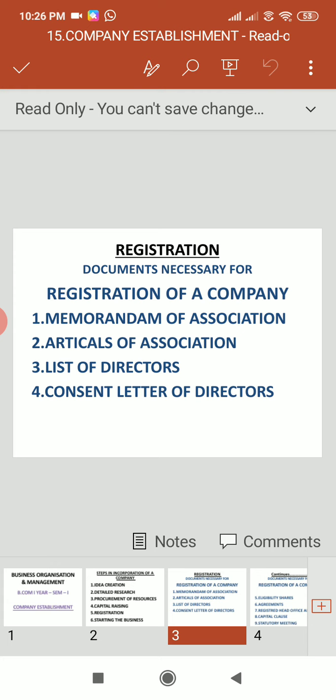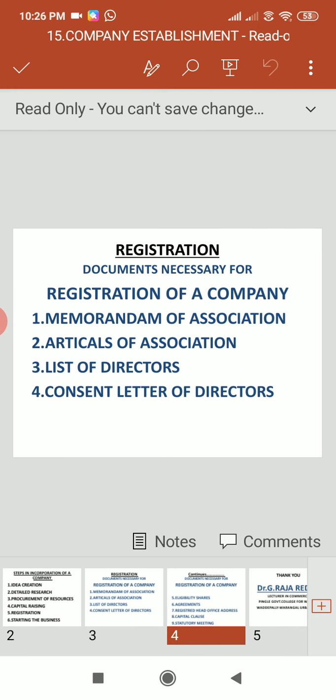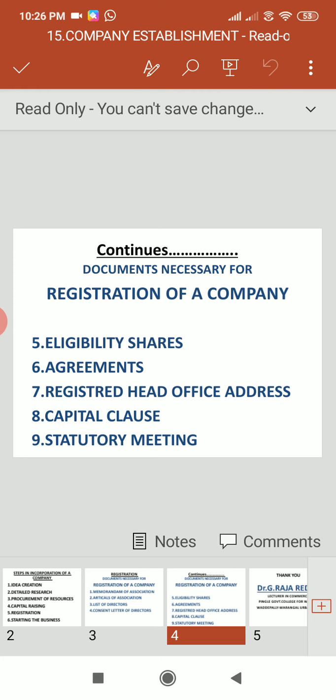Appointing employees, their salaries, payments, all these should be in the articles of association. Then the list of directors, and a consent letter from directors: a letter of consent should be taken from those willing to act as a director.